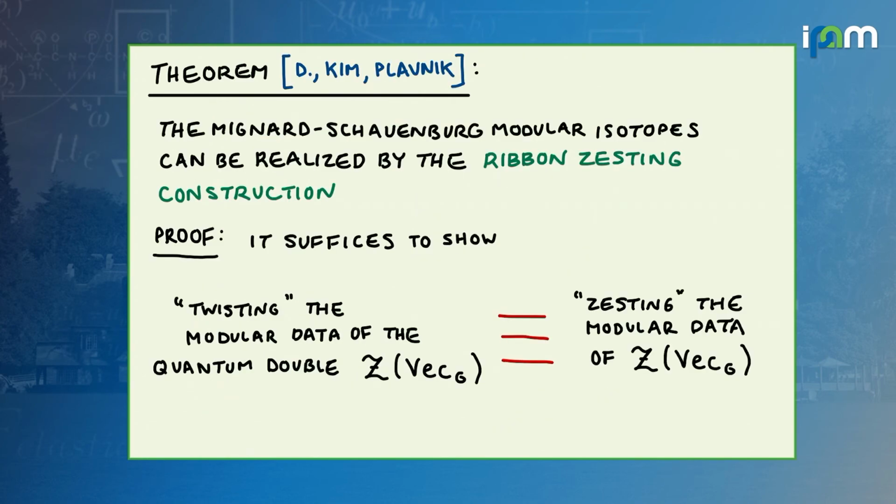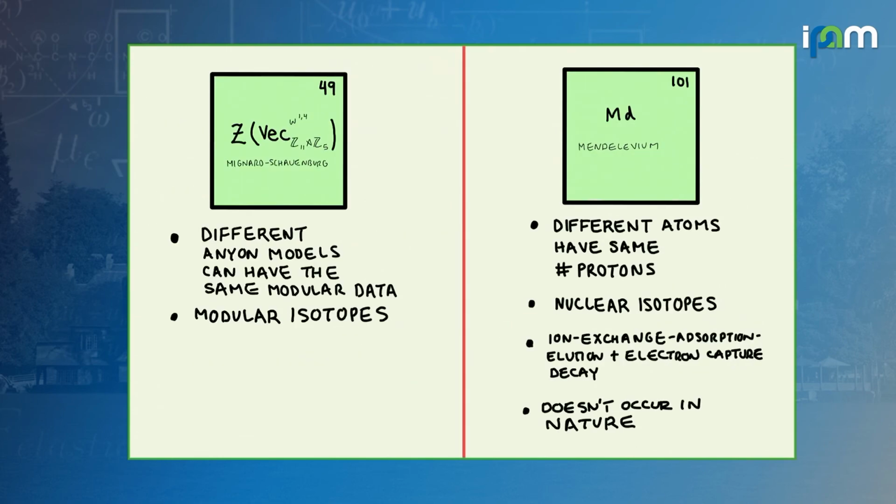I will skip talking to you about how we proved that these modular isotopes come from zesting. And maybe finish by going back to this question about, isn't the periodic table finite? People really do work on still finding new nuclear isotopes, but they're synthetic, so they don't actually occur.